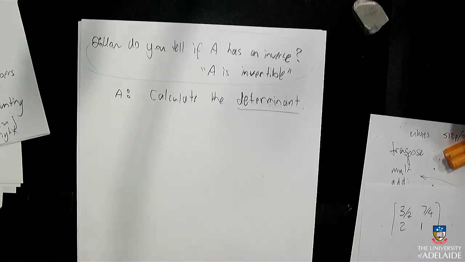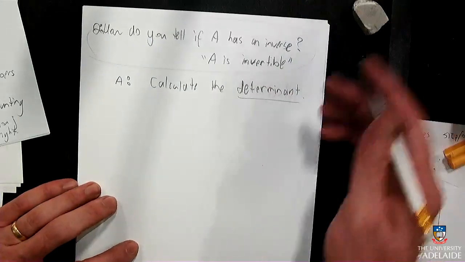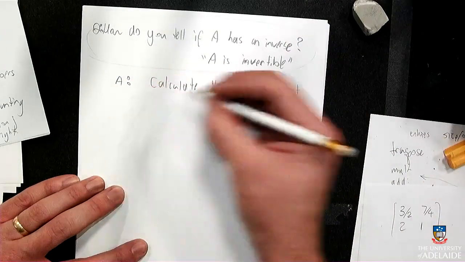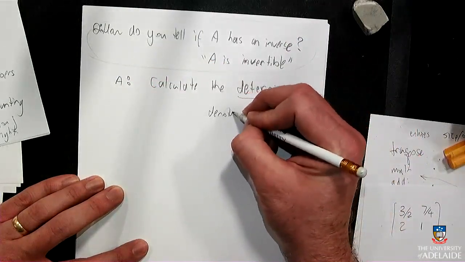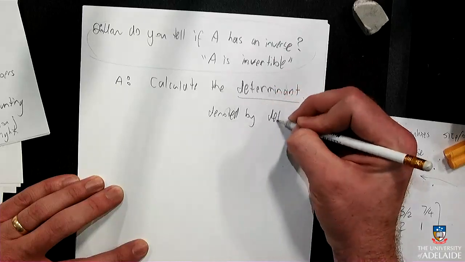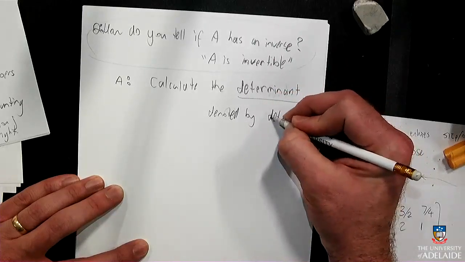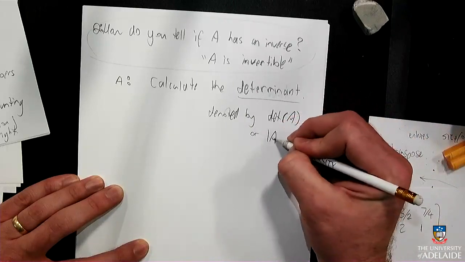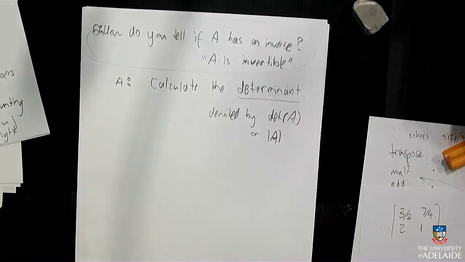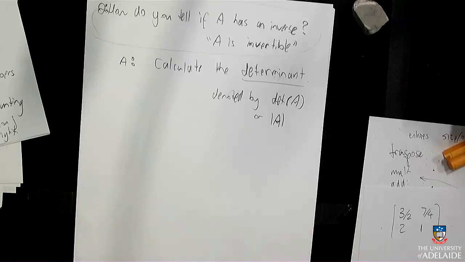And for a 2 by 2 matrix, it's pretty simple. For a 3 by 3 matrix, it is less simple. Okay. So it's denoted by det A, like a function acting on the matrix, or by this, which looks like the absolute value of A for numbers, but it totally does not work that way for matrices. I'm going to run out of time. Totally doesn't work that way for matrices.